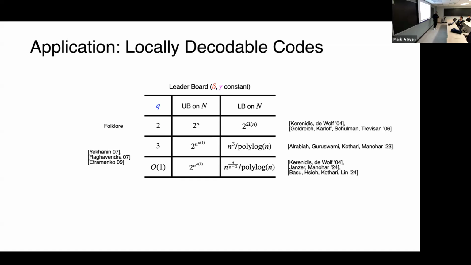And so maybe there are better constructions, or maybe there's a better lower bound. Who knows? I'll emphasize that this n to the q over q minus 2 was based on a sequence of works. Some earlier work got it for certain values of q, and then other follow-up works filled in the gap for the q's that were missing.